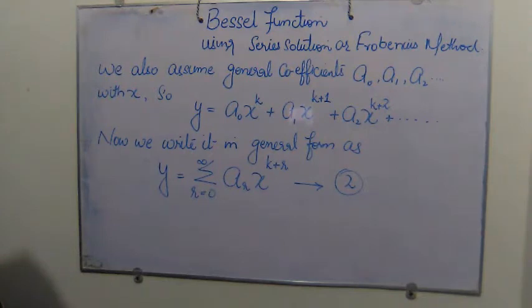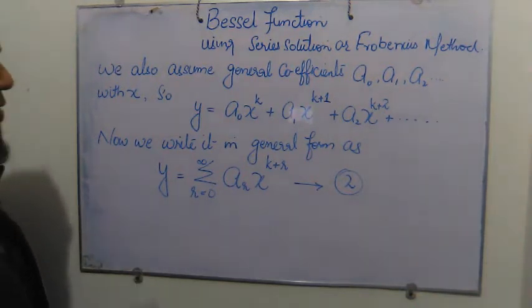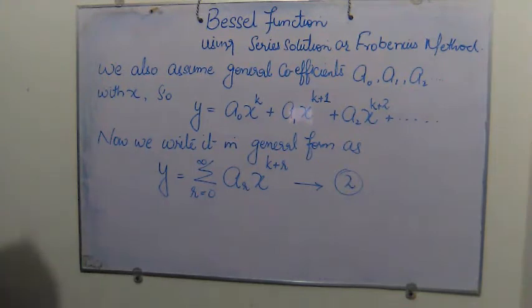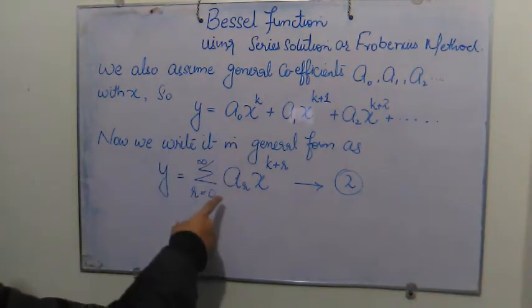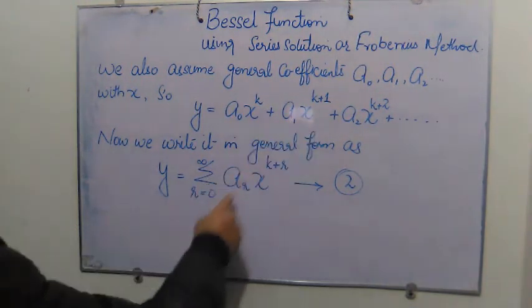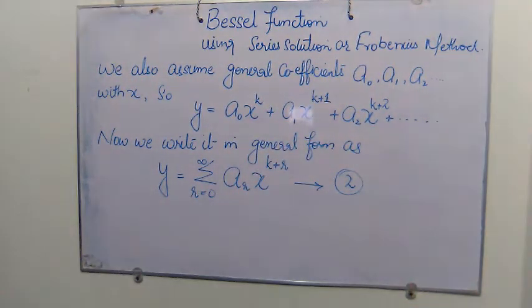Inside the polynomial there are coefficients, so we generalize the coefficients as a0, a1, a2, and when we sum up this series and introduce a summation sign, we have a very general term: summation r is equal to 0 to infinity, a_r times x^(k+r). If we put r is equal to 0, we get the first term. If we put r is equal to 1, we get the second term. r is equal to 2, we get the third term, and so on.